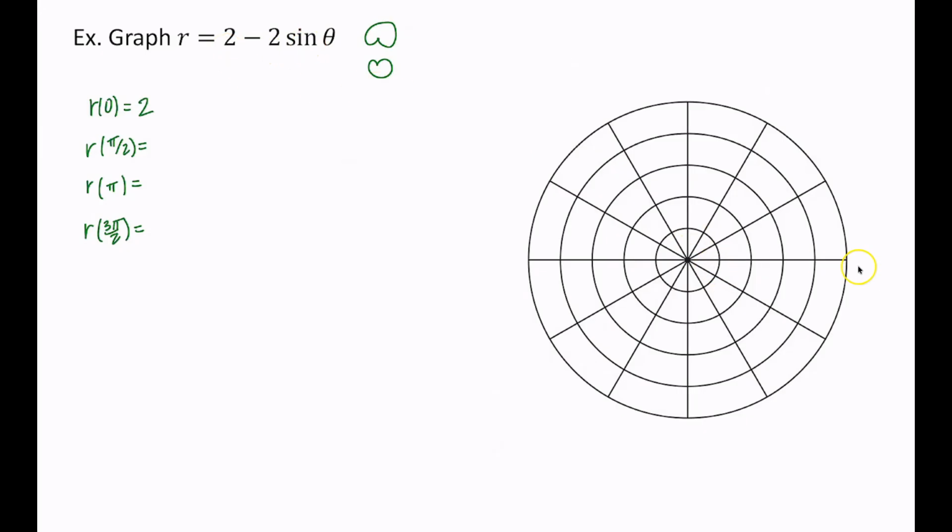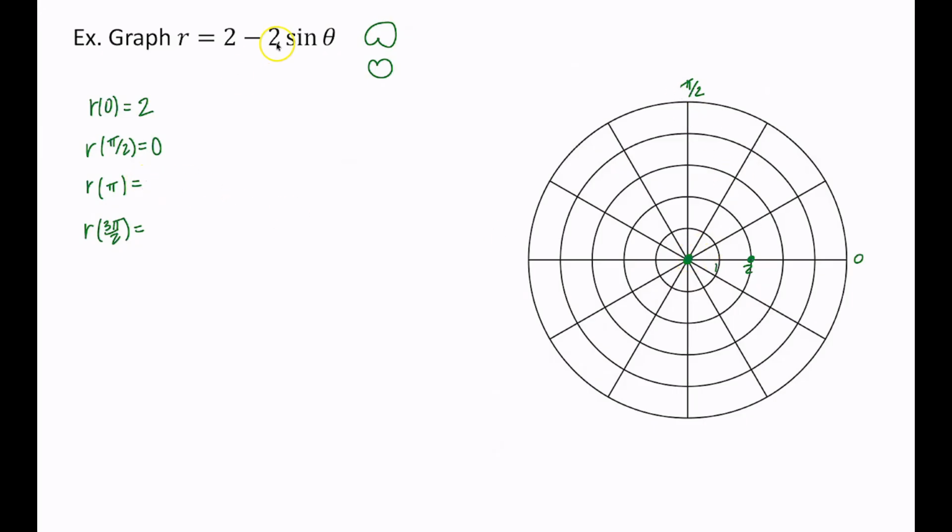So at the angle 0, I'm going to go 2 units towards the 0 angle. Then pi over 2. So sine of pi over 2 is 1. So I'm going to have 2 minus 2, which is 0. Okay, well that's going to get me back to the pole. So at the angle pi over 2, I don't go anywhere. I just stay at the pole.